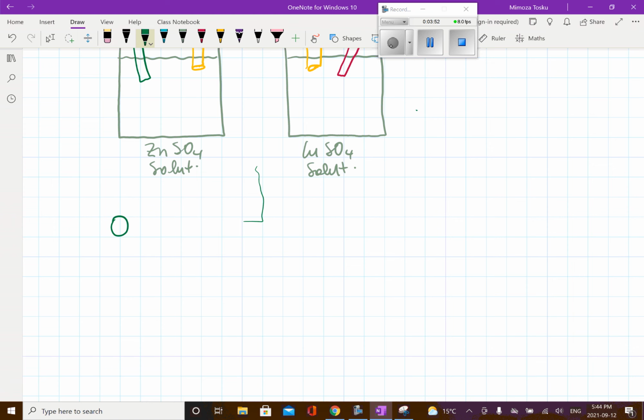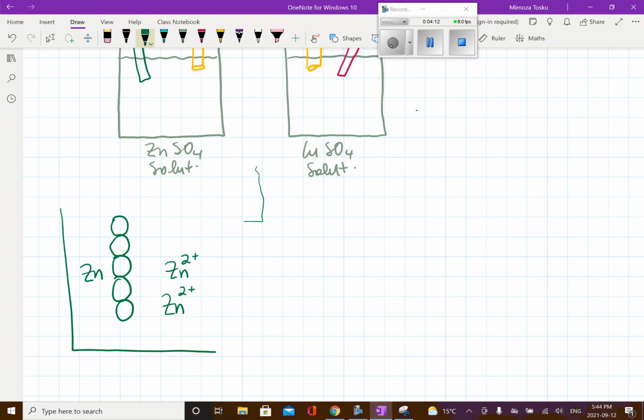We have zinc metal here at the plate, and we have Zn2+ along with SO4 2-, but we are not bothering to write it now because it is not quite important as of now.